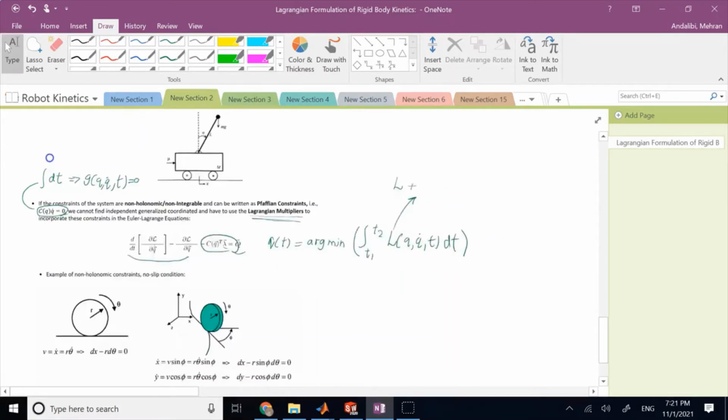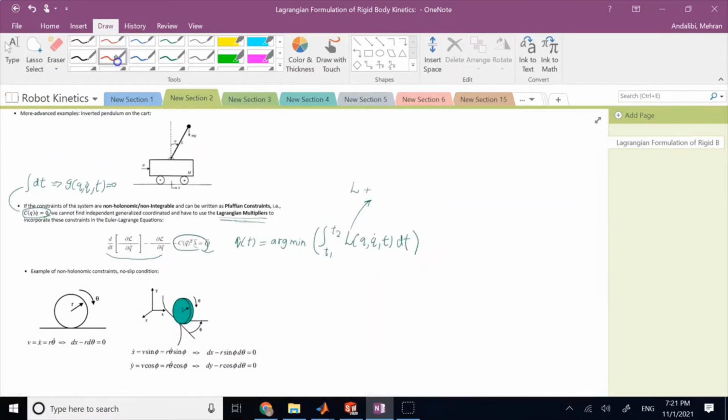You add that function g, but you also add the Lagrangian multiplier lambda for that g, to decide on the weight, the amount of importance, of each of these.